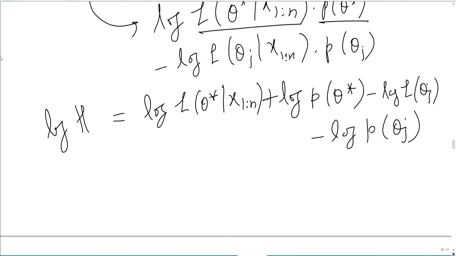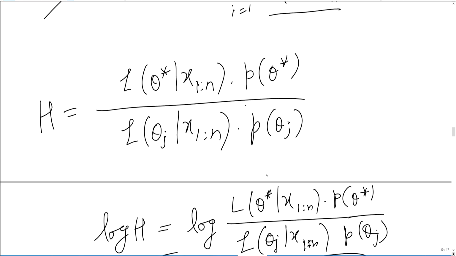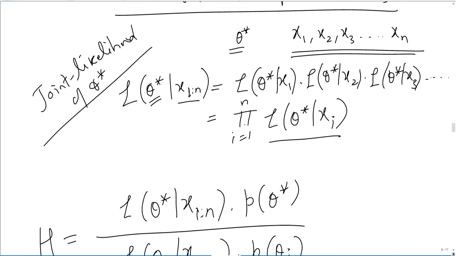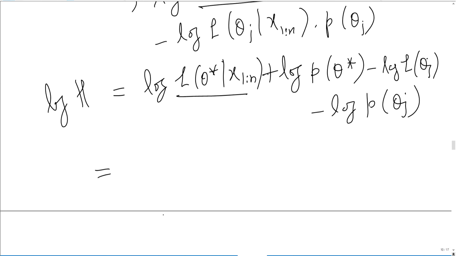But why does this help us? What does it solve? You have the formula of the joint likelihood here. The joint likelihood is the product of all these individual likelihoods. Let us substitute that in this new formula.